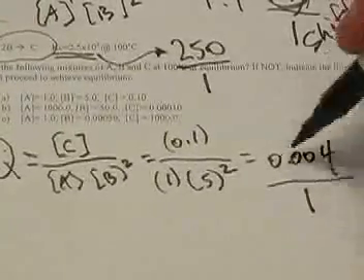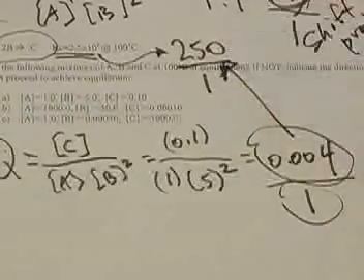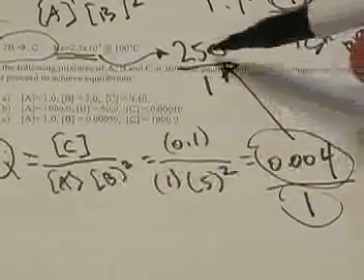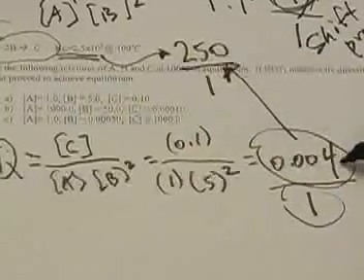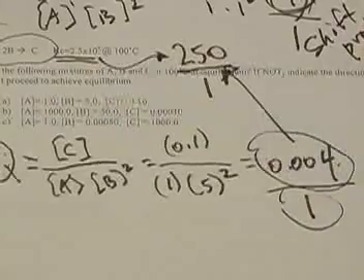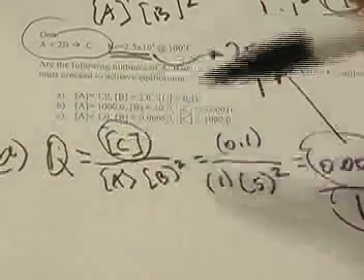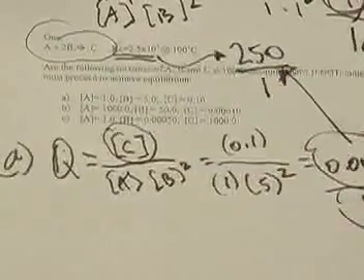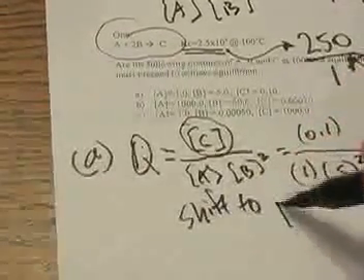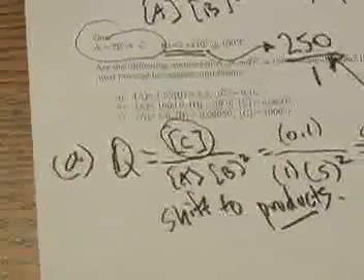Well, what needs to change, the top or the bottom, to get to look like the equilibrium constant 250? Well, you can see that this is way smaller than 250. So to get Q to look like K, you need to make the top way, way bigger, which means I need to take C, which is the products, and make them bigger, so the reaction needs to shift to the products.